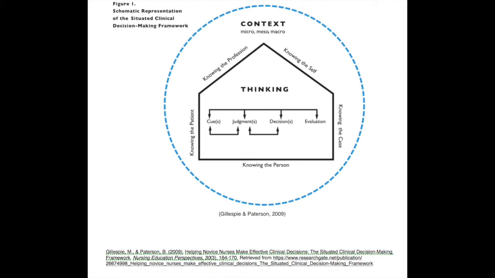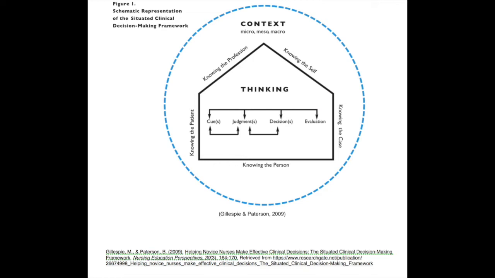The first process map in this assignment will be broad and will touch on the context of Edith's case, the ways of knowing, shown in this diagram, and the cues, judgments, decisions, and evaluations needed to care for Edith and how they interrelate.